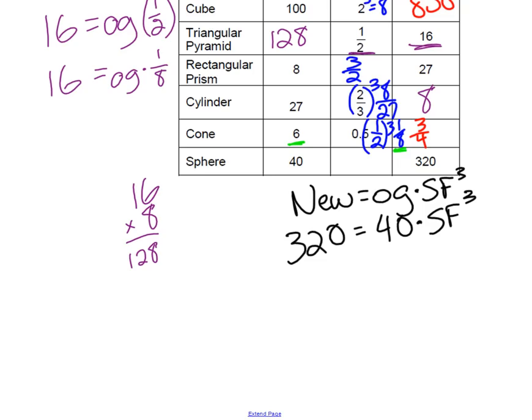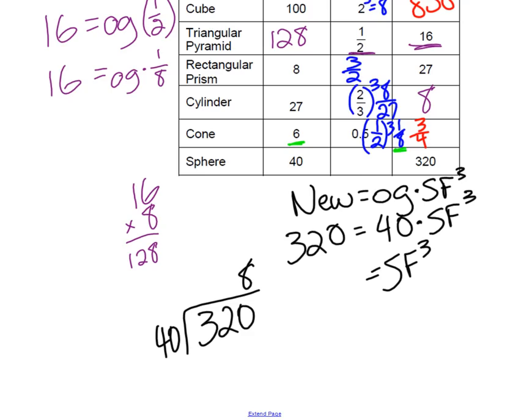And if you don't know that, how could we find it? We divide. So we say, what's 320 divided by 40? It is 8. So what that means is that our scale factor cubed equals 8. So the scale factor cubed is 8. What is our scale factor? 2. Just 2. Because 2 times 2 times 2 is 8.